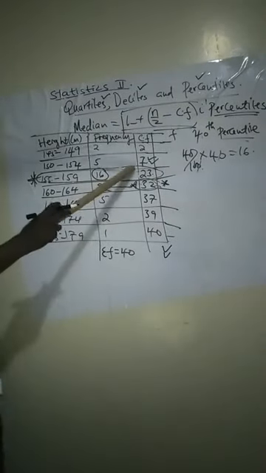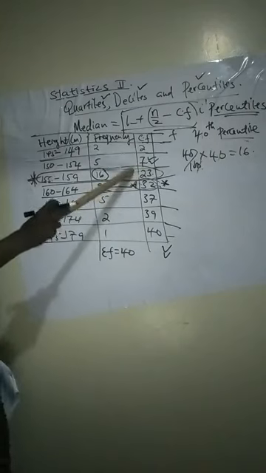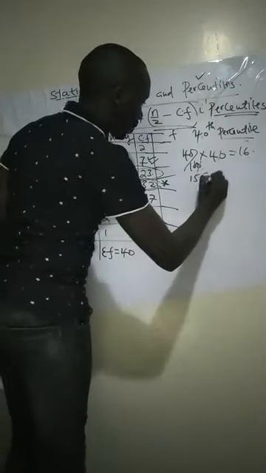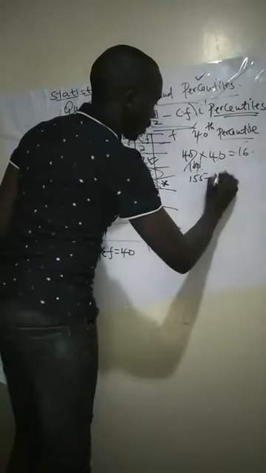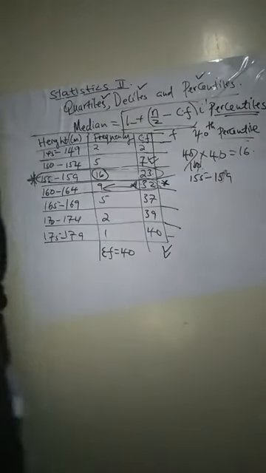After getting the frequency of 16, just identify where 16 is located. Notice that 16 is here. So your class in that case will change, 155 to 159.